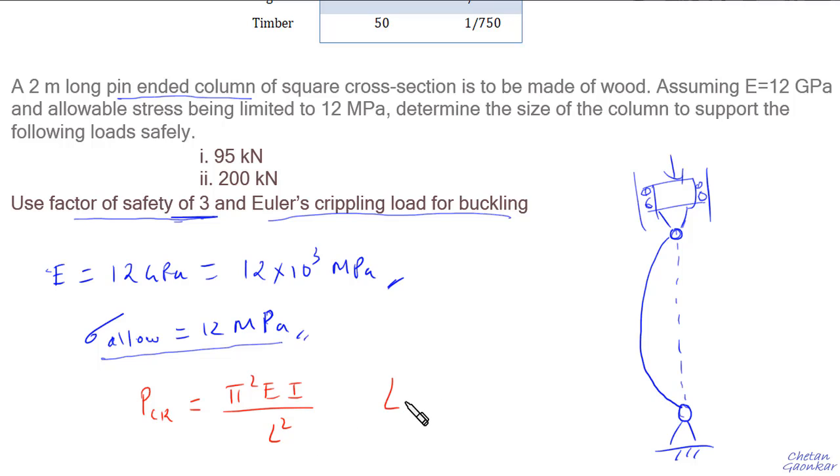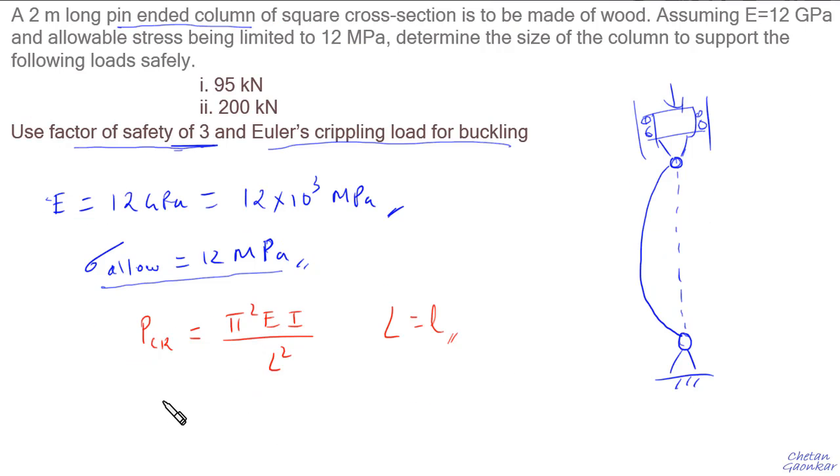And what is L for a column which is pinned at both the ends, or which is hinged at both the ends? This L equivalent for this kind of column is given as L. It is nothing but small l itself.